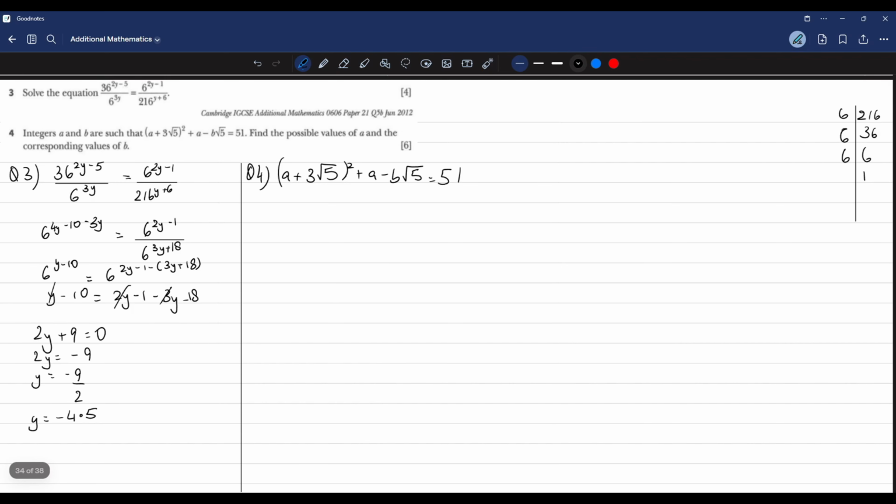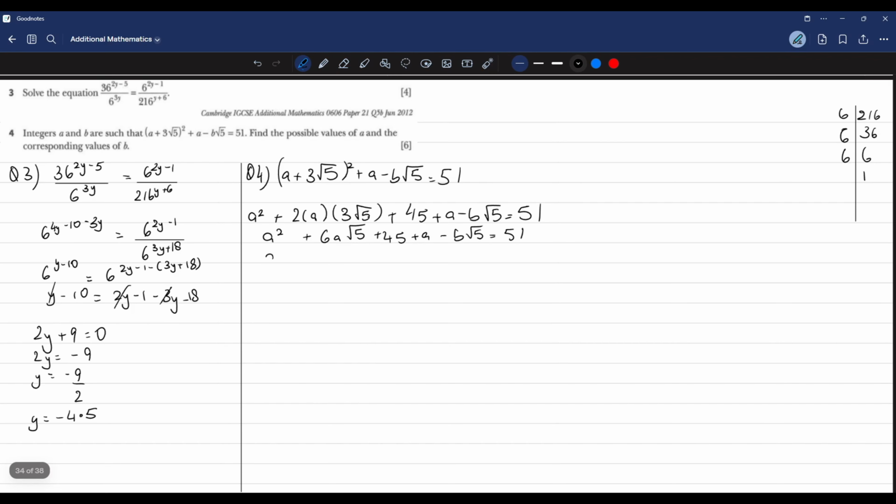So we have a squared, simplify this first, plus 2ab, which is 2 multiplied by a multiplied by 3 root 5, plus b squared, which is going to be 9 multiplied by 5. And what is 9 multiplied by 5? It's 45, plus (a minus b) root 5 is equal to 51. Now what I'm going to do is simplify this further. A squared plus 6a root 5 plus 45 plus (a minus b) root 5 equals 51.